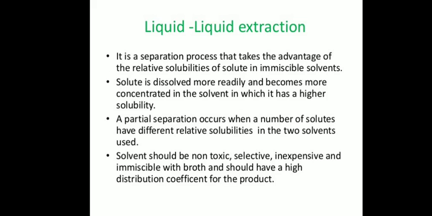Up till now, we have seen the separation of insoluble particles from the broth, then the isolation of your product, and in the next lecture we will see the purification of the product.